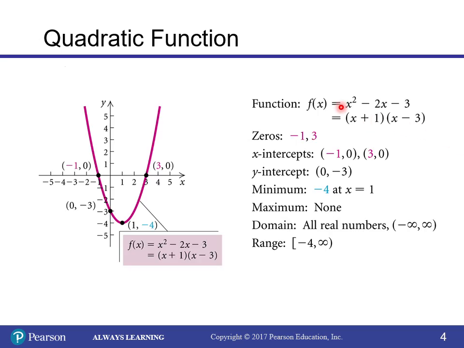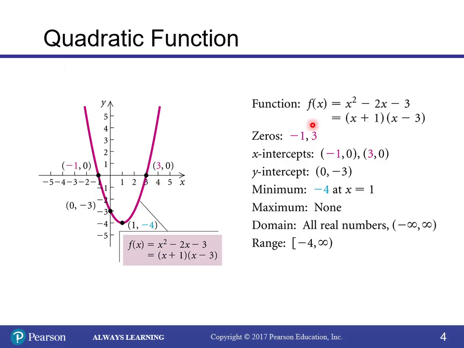Okay, so here's an example of a polynomial, x squared minus 2x minus 3. This is a quadratic function, so we know that it makes the parabola shape. To find our zeros, you can factor this and see that our zeros are at -1 and 3. If we want to write those as x-intercepts, we have (-1, 0) and (3, 0).